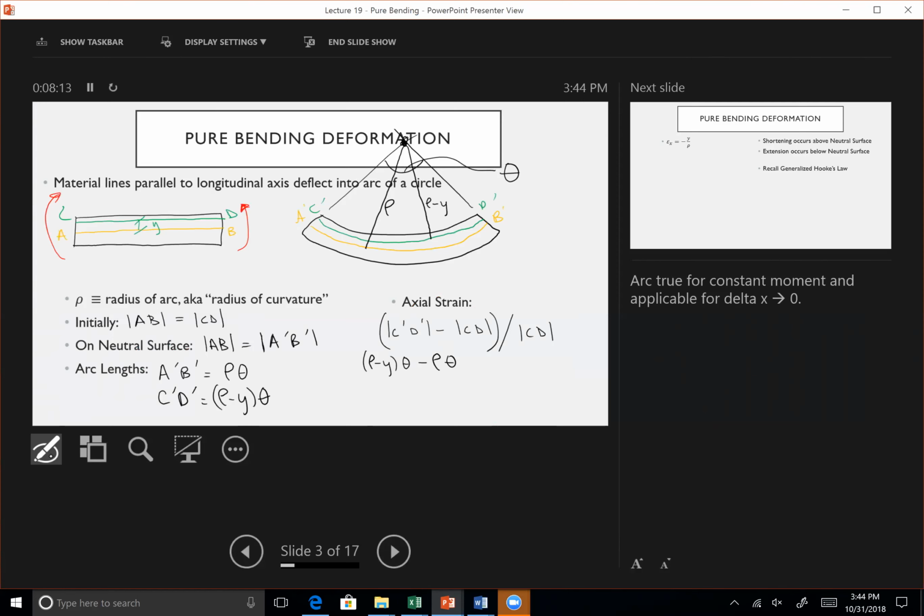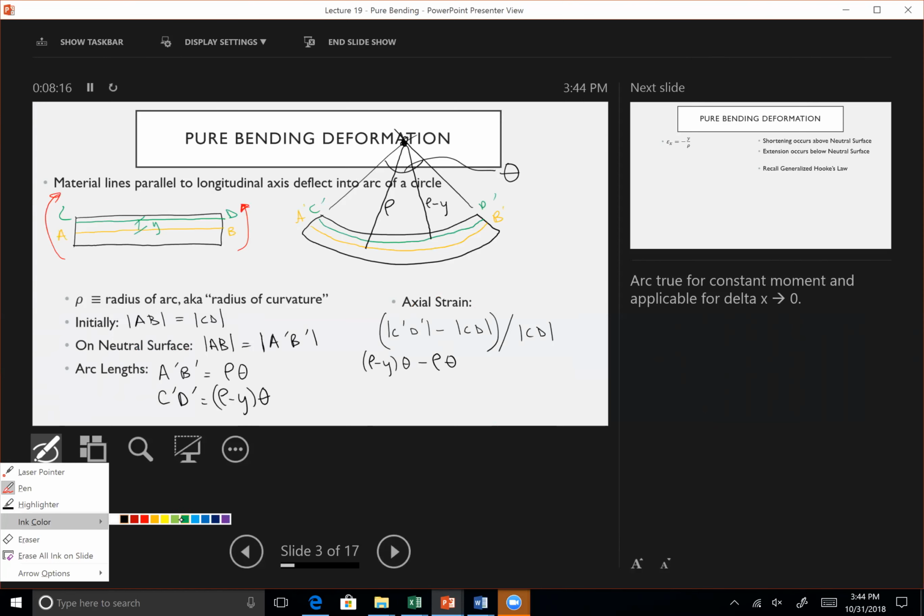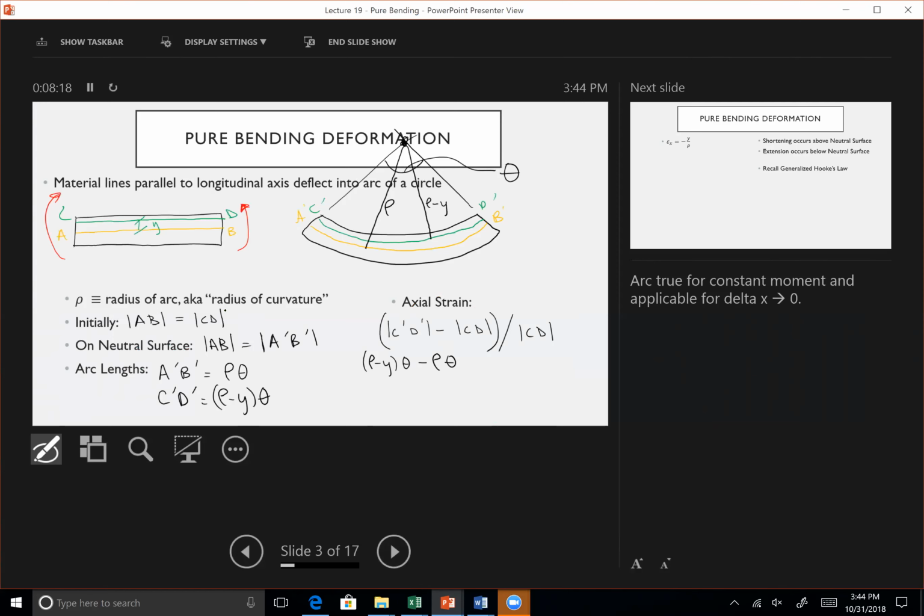Did everybody follow that? Let me give you some helpful arrows. We're looking for CD, which is equal to AB. AB is equal to A prime, B prime. A prime, B prime is equal to rho theta. Therefore, I can say that CD is equal to rho theta. This all then gets divided by CD, which is rho theta.